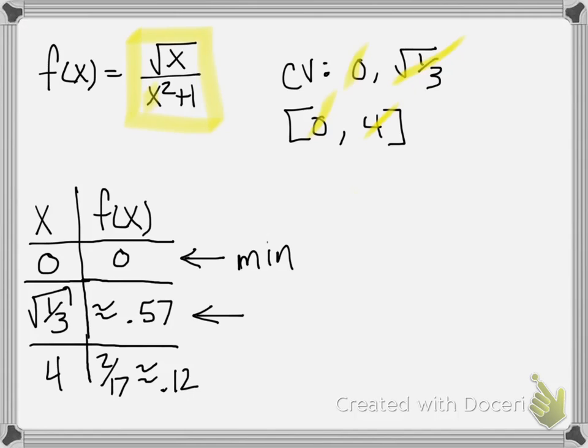And then 0.57 is greater than 0.12, so that's going to be our max. And so for the max and min over that interval, if x is 0, that gives us our min, and if x is the square root of 1/3, that gives us our max over that interval.